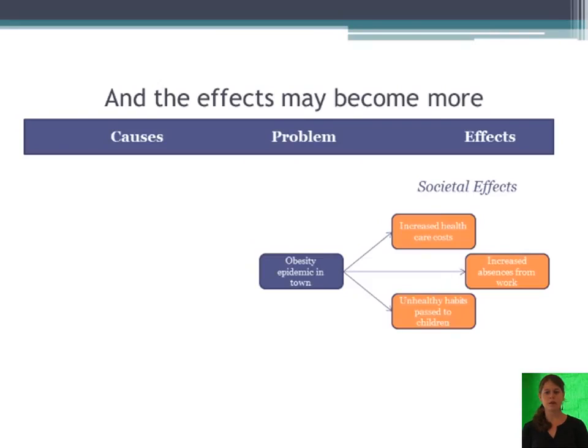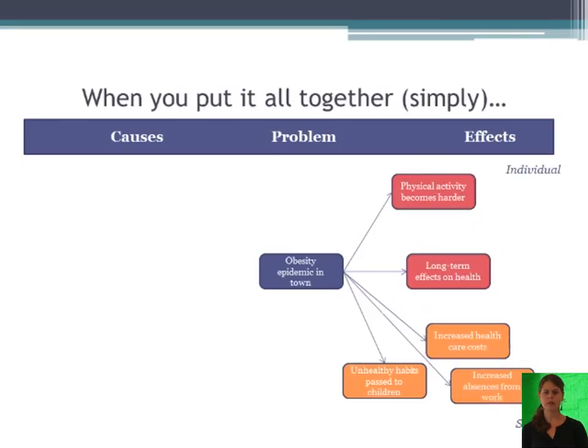So there's increased absences from work, increased healthcare costs, and also unhealthy habits are passed to children, really creating that cycle of obesity. When you put it all together, we're going to have all of our causes and all of our effects together so we can reference back to build our logic model.